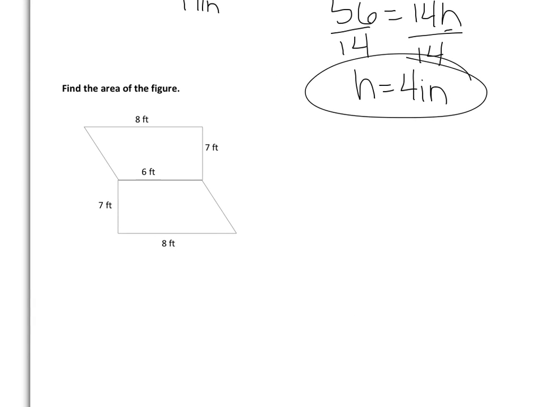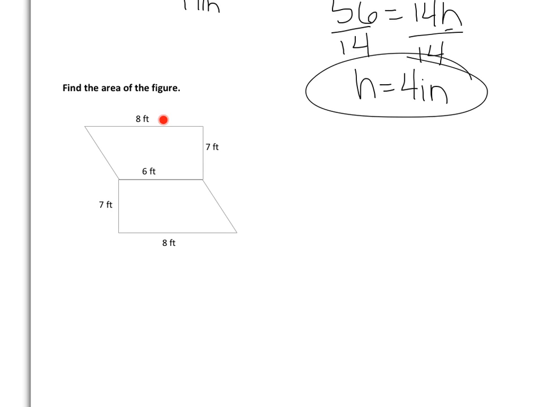All right. Last thing here, I want to find the area of the figure. This is a compound figure. It's made up of two different parts. But if you look closely, right here I have a trapezoid, and I know how to find the area of a trapezoid. And right here, I also have a trapezoid. If you look closer, they're actually the same trapezoid.